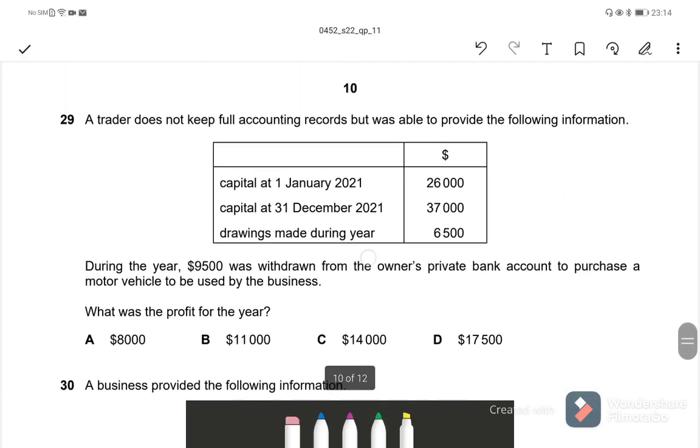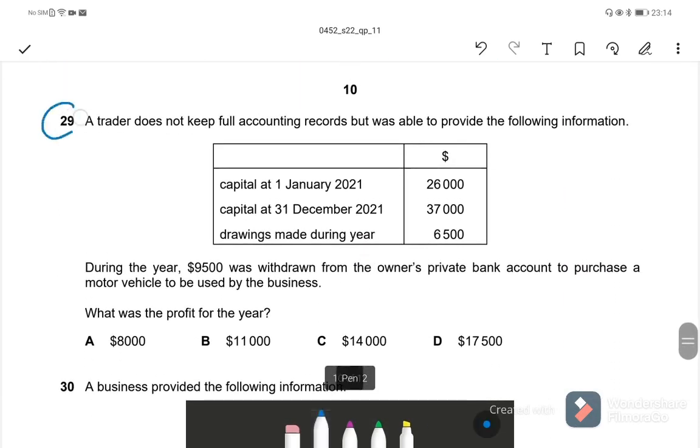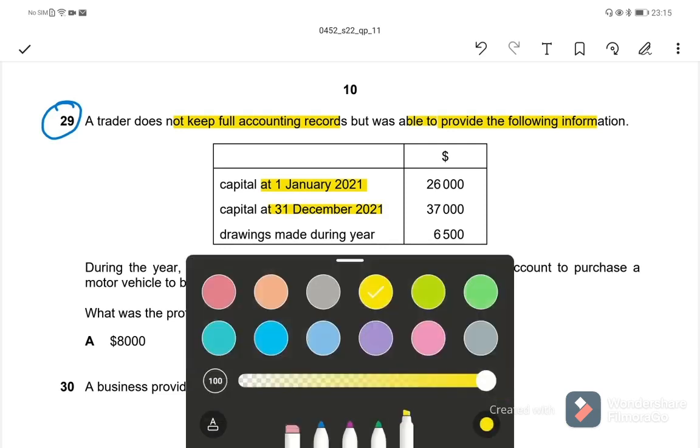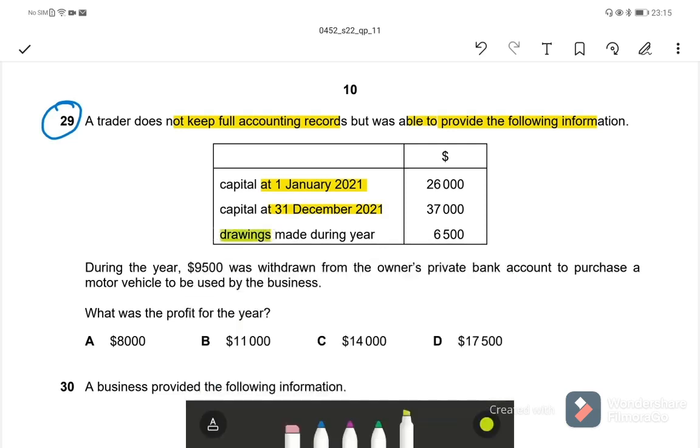Question number 29. A trader does not keep full accounting records but was able to provide the following information. Capital on 1st January, capital on 31st December given. Then they are given drawings.